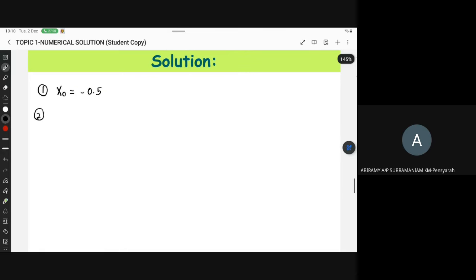So what is f(x)? f(x) is 2x cubed minus 5x minus 1. So what is f prime of x? Differentiating f(x), f prime of x is 6x squared minus 5.